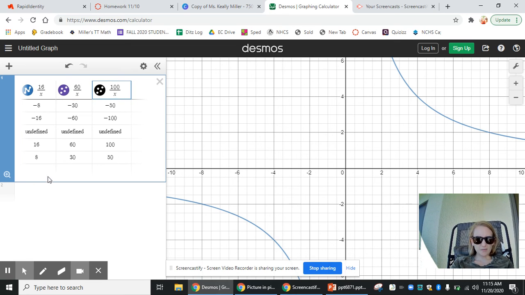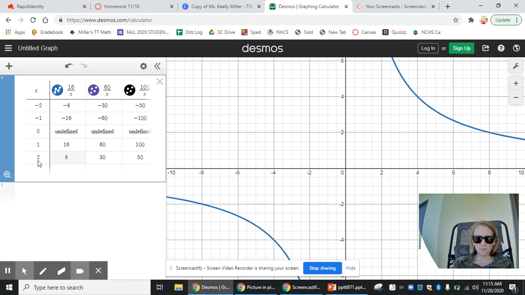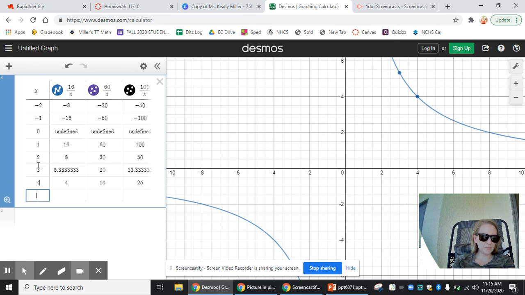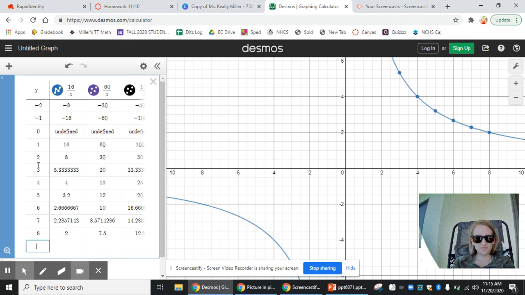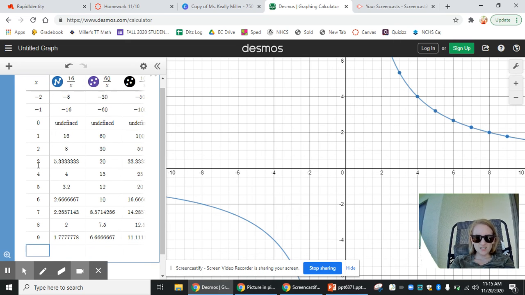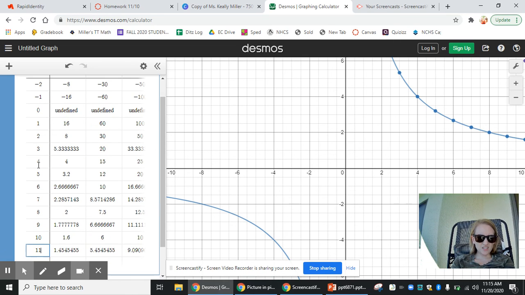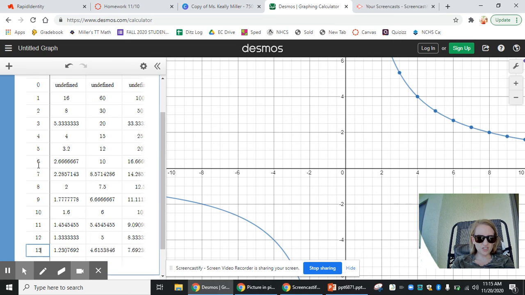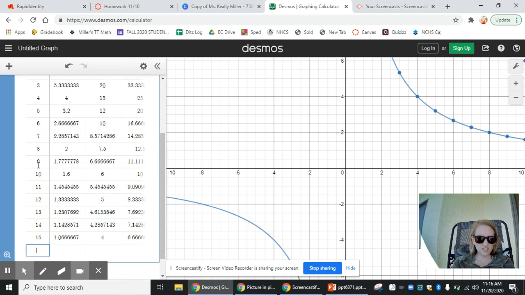And again, I'm going to make sure that when I'm looking at my x values over here, that I type the whole numbers all the way up to my smallest number. 10, 11, 12, 13, 14, 15, 16.